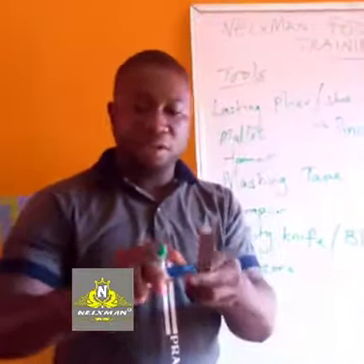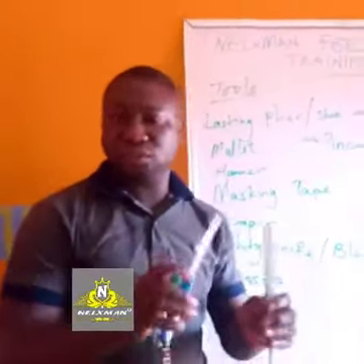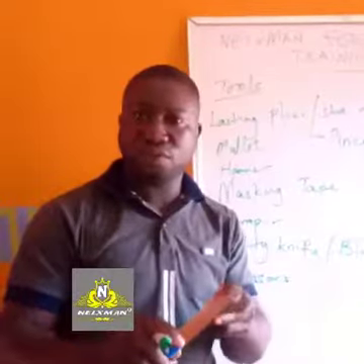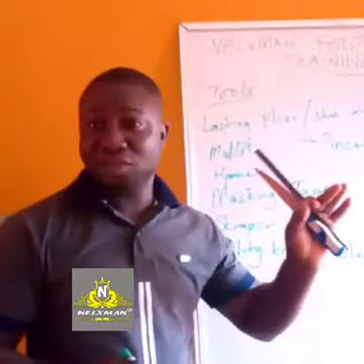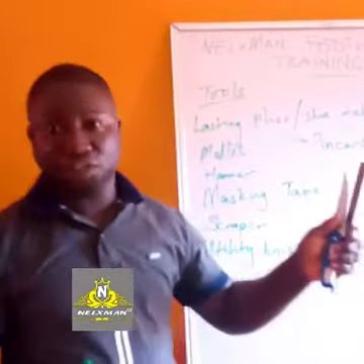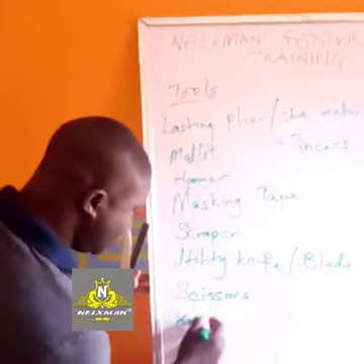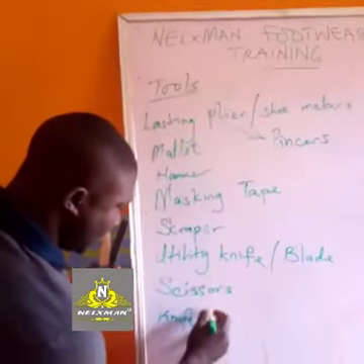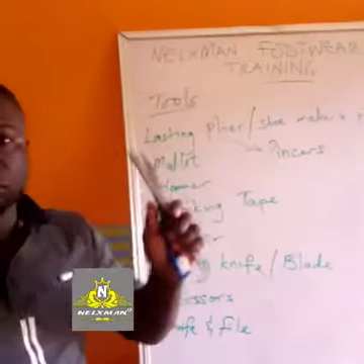Knife and file, let them go together. Whenever you are skiving and you see that it's going blunt, you can use your file to sharpen it again and continue with your work. So this is another means for skiving instead of looking for a skiving machine. So I'll put knife and file. They go together.